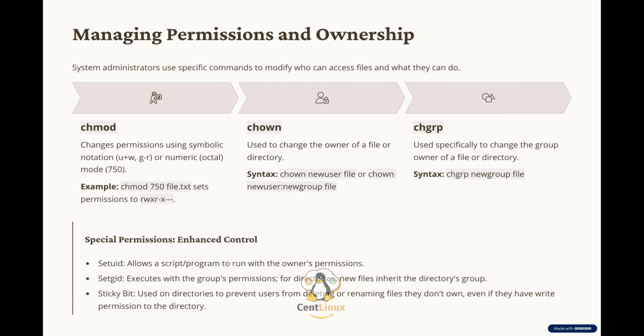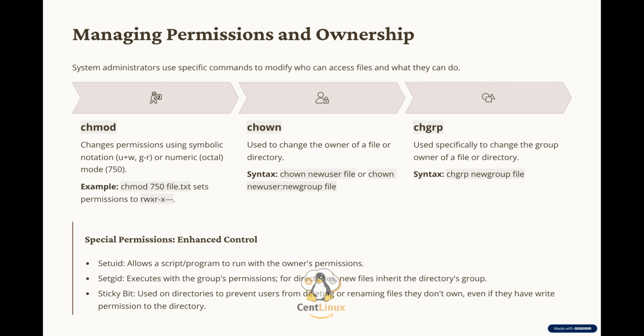This sets permissions to rwxr-x---. chown changes the owner of a file or directory. Examples, chown newuser file, or chown newuser:newgroup file. chgrp specifically changes the group owner. Example, chgrp developers file.